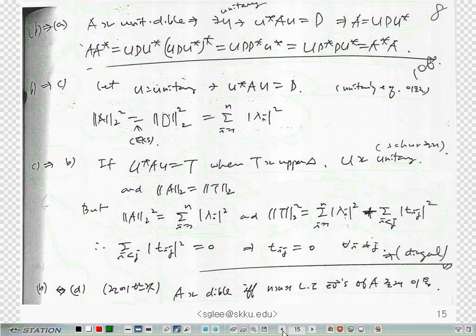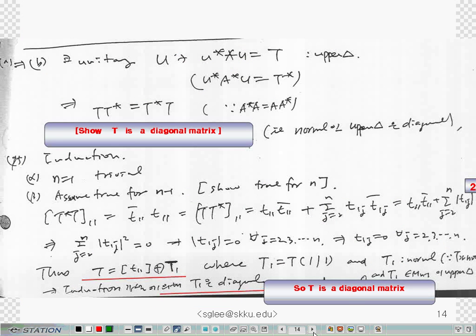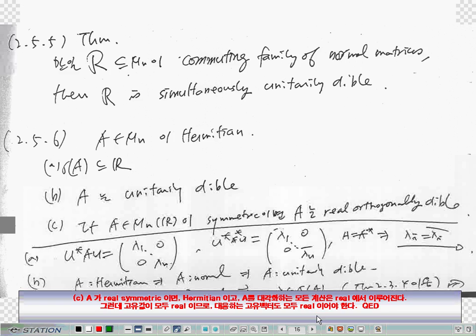So we have proved a very important and very useful set of equivalent statements on normal matrices. Now you have an if and only if statement for diagonalizable, particularly unitarily diagonalizable. It all comes from Schur's theorem.